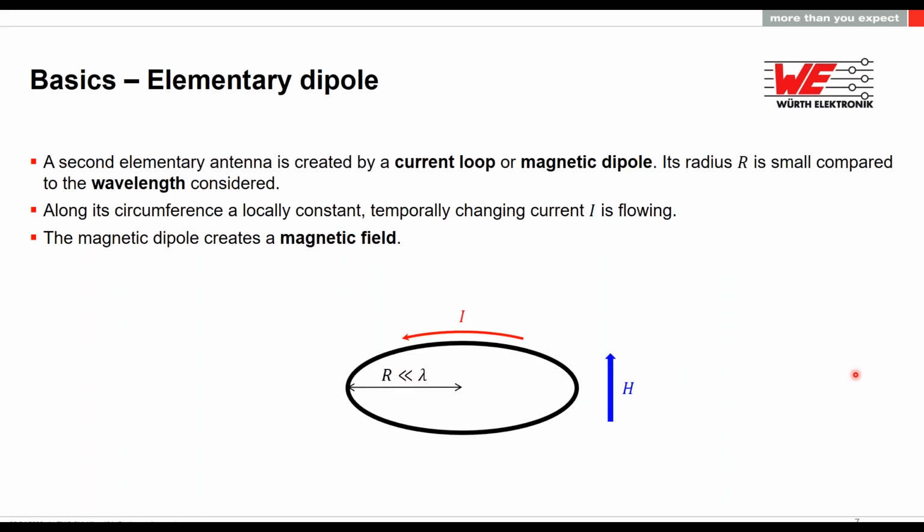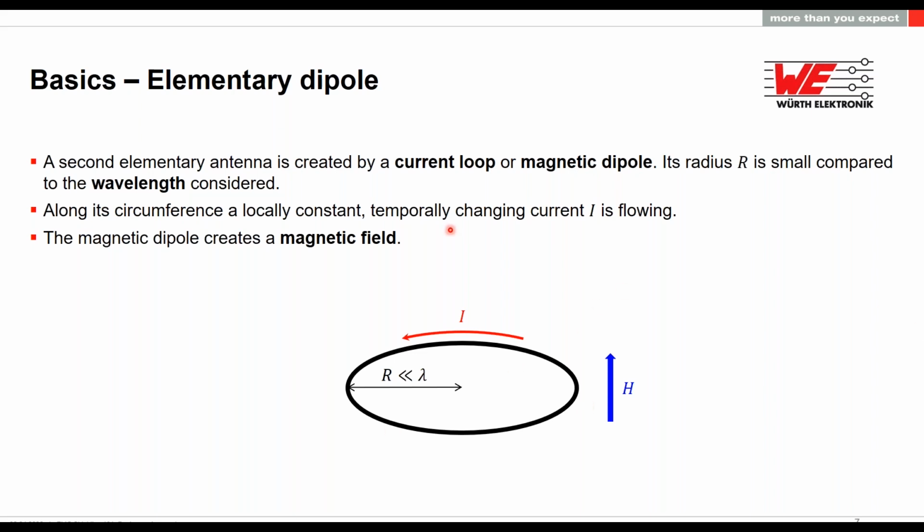A second elementary antenna is the magnetic dipole, or the magnetic loop, current loop; it has many names. Basically, this antenna is able to radiate magnetic field. For example, if you remember university classes about PCB design, there was always a rule not to create big loops with the traces when routing the PCB.